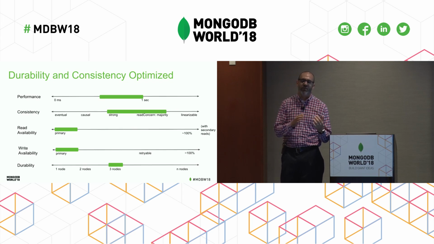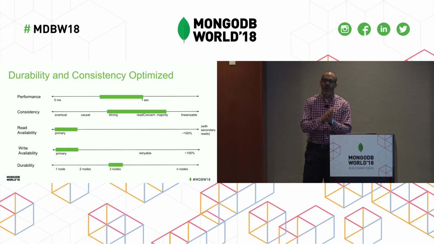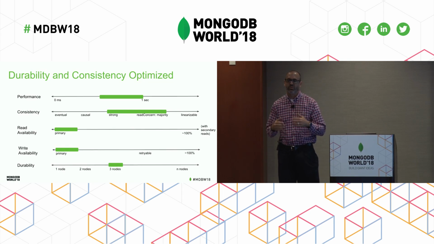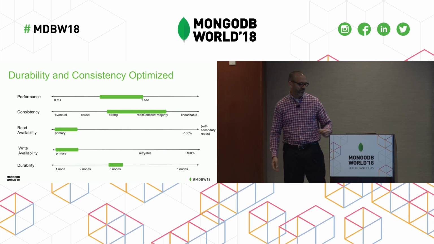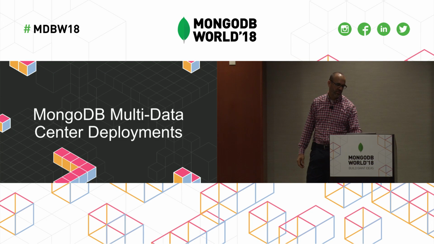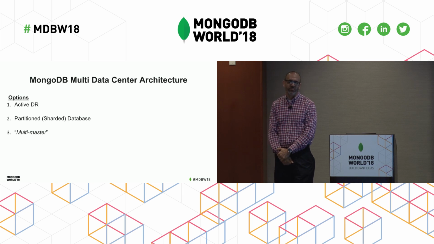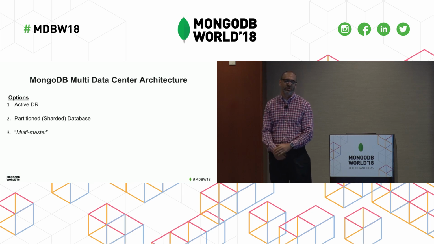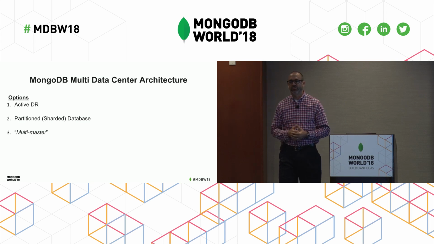So what we've done thus far is talk about how we can trade off these different parameters in MongoDB. Let's now switch over and talk about how we can lay out replica sets to meet some of the multi-data center or multi-region requirements. So if you're talking about deploying MongoDB across multiple data centers, there's essentially 3 architectural topologies that you can choose.